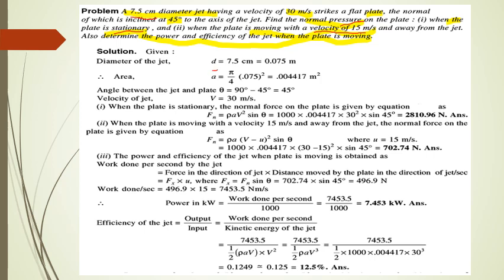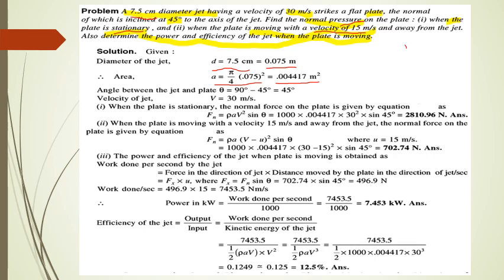Converting centimeters into meters, D equal to 0.075 meters. Therefore, area equal to pi by 4 D square. Substituting the D value, we get area A equal to 0.004417 meter square.